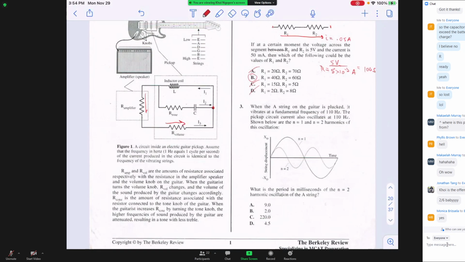Number 3, we're looking at harmonics, right? What's the period in milliseconds if n is equal to the second oscillation of the A string? Number 3.